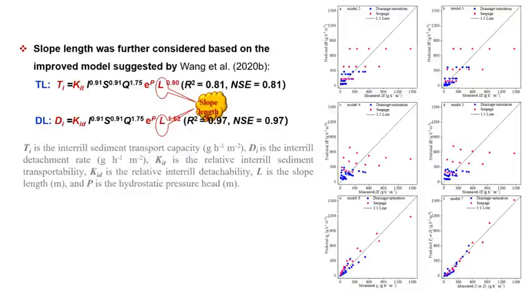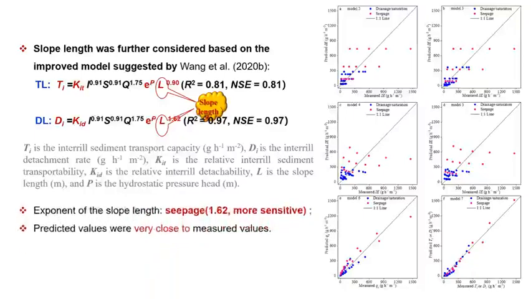Following the method for distinguishing detachment and transport limited processes of interior erosion by Wu and Zhang, the interior erodibility should consist of two parts, including interior sediment transportability in transport-limited conditions and interior detachability in detachment-limited conditions. Two equations for transport-limited and detachment-limited conditions were provided.